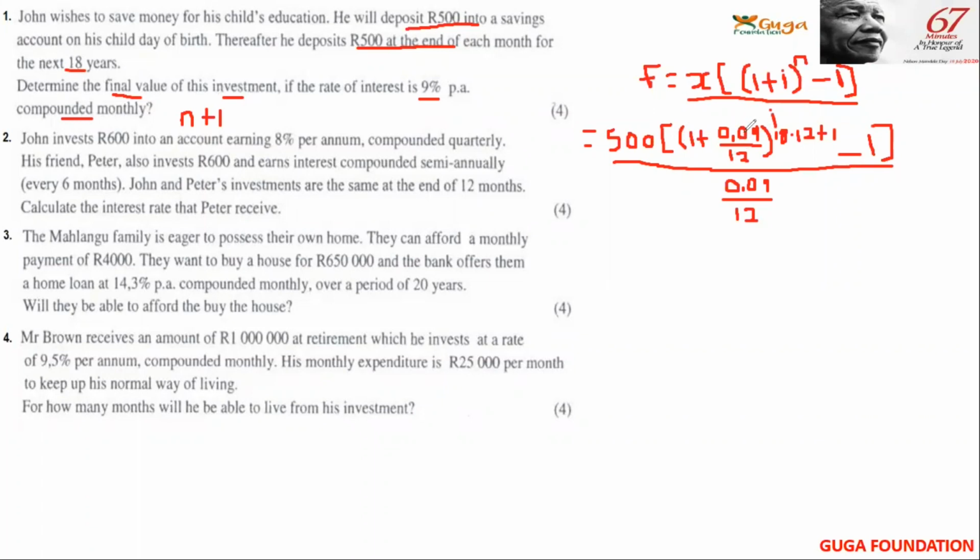The interest was 9%. On the n, you have 18 years. You convert it to months, multiply by 12, plus 1 because of immediately and at the beginning, minus 1, all over 0.09 over 12.